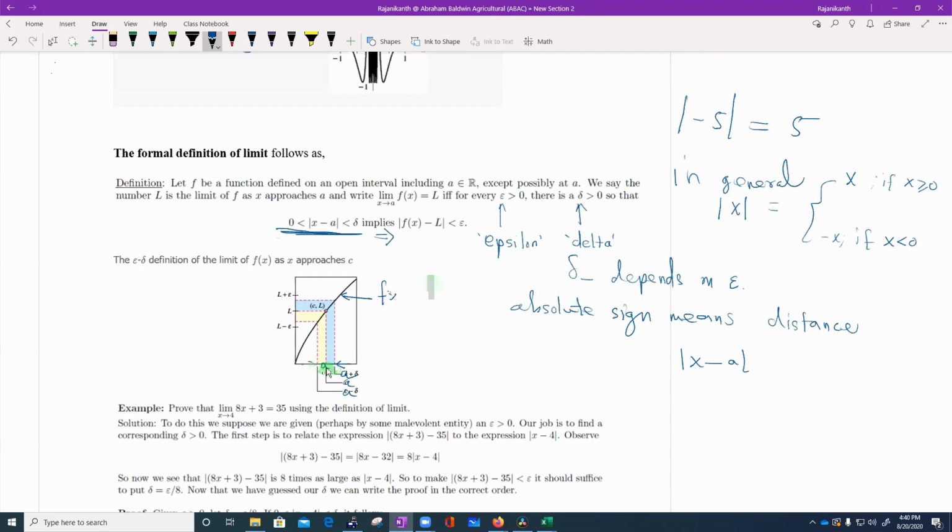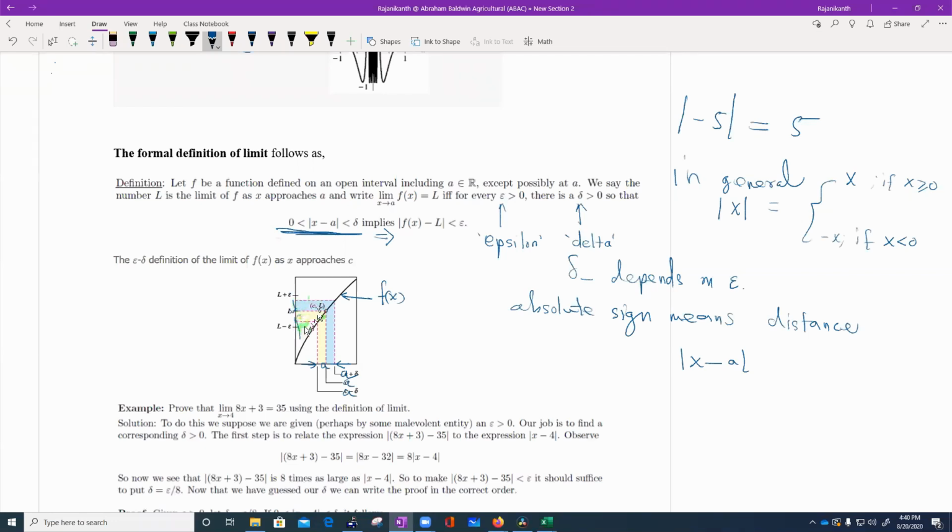When you approach a, my function value is getting to L. You can approach a from the right side, so your value moves from here to there, to L. If you move from the left to a, your function value is moving from here to there. In both directions, when x approaches a, your function value also approaches L.